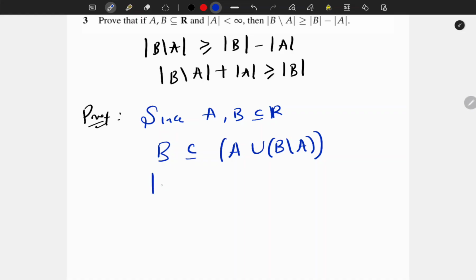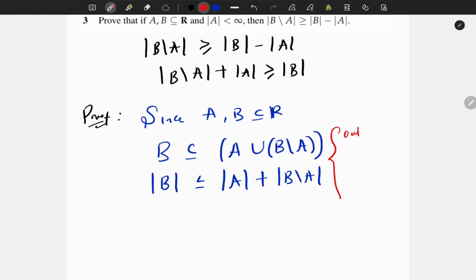Then the outer measure of B is less than or equal to the outer measure of A plus the outer measure of B take away A. This is because outer measure preserves order, and countable subadditivity.